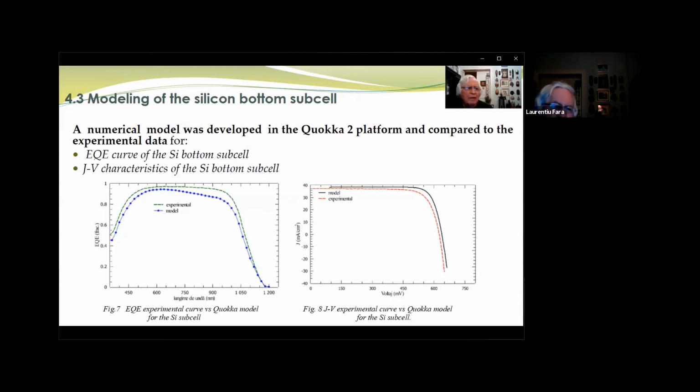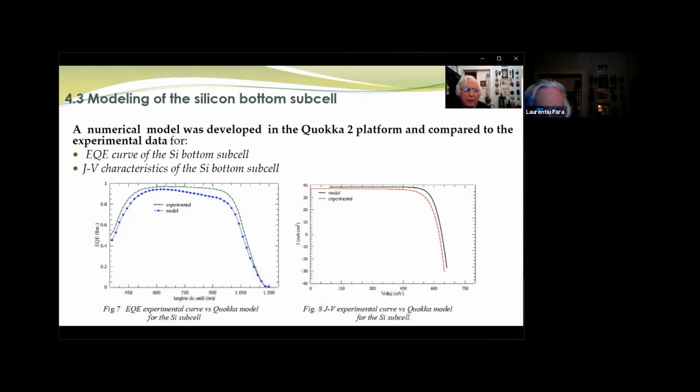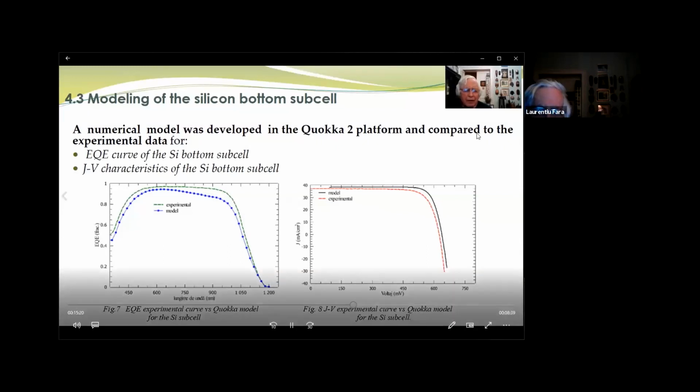We have the external quantum efficiency for the silicon bottom subcell, and the current voltage characteristics. And it is remarked that for both cases, the experimental curve and modeling results are very close.